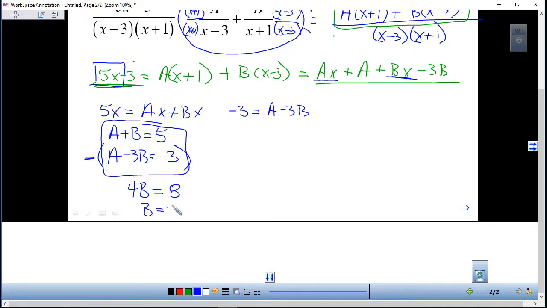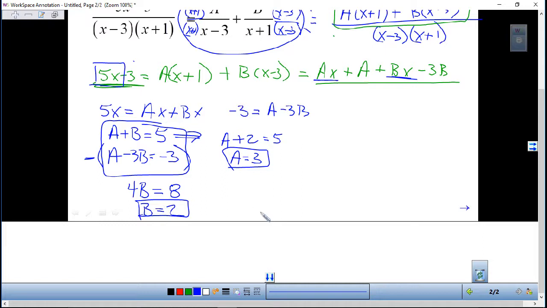Well, that means that b equals 2. Once we know that b equals 2, we can plug that into either one of these to find out what a would be. If I use the top equation, a plus 2 equals 5. So we subtract 2 from both sides, and a is going to equal 3. So there is your a and your b.